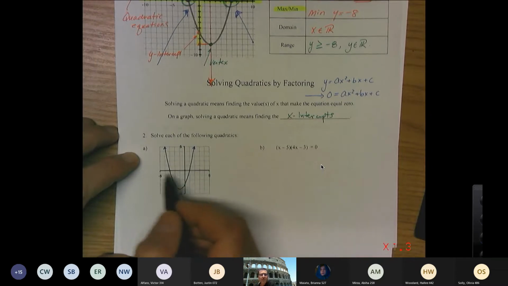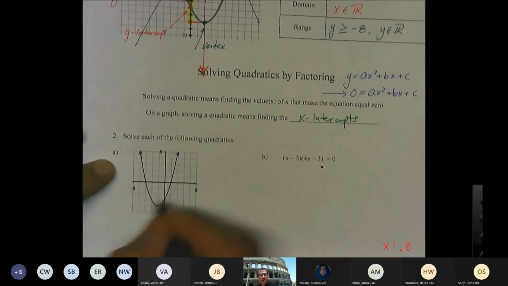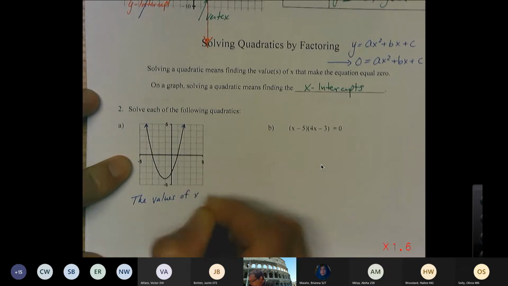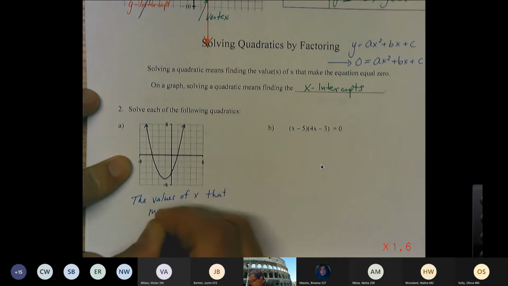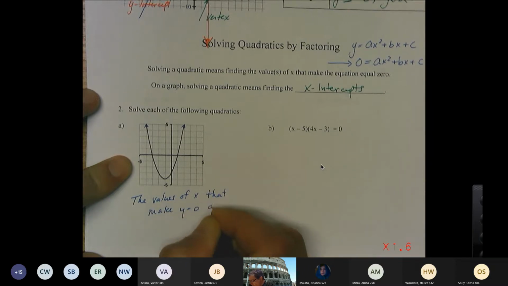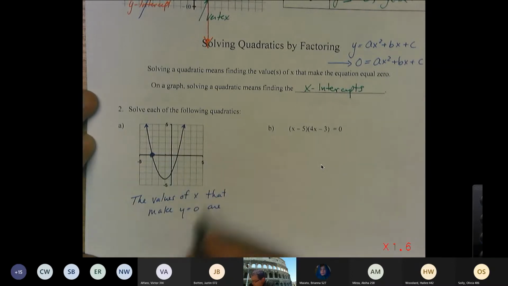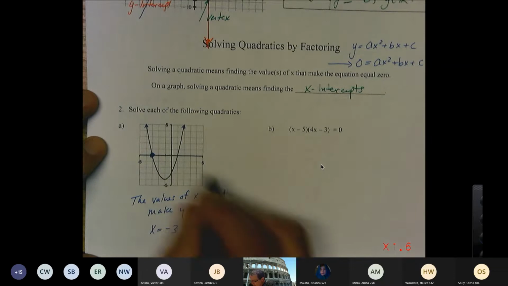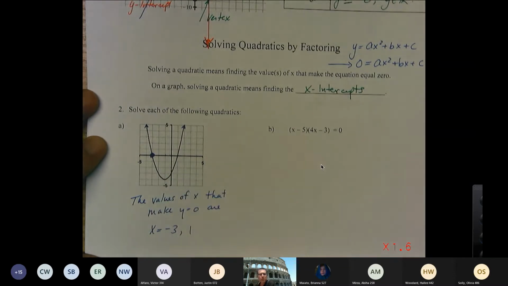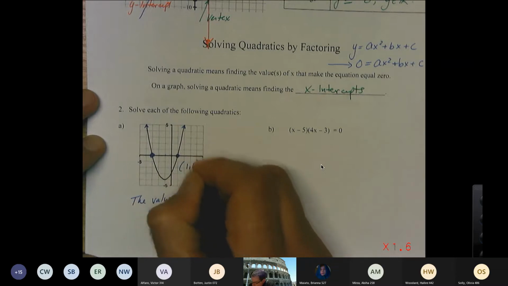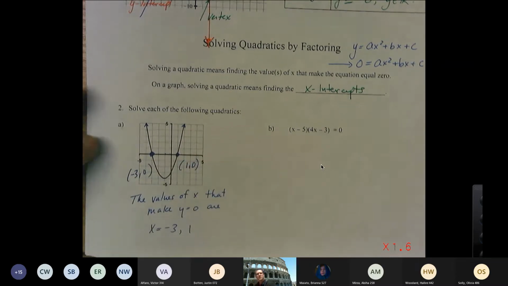And if I have a graph, then I can just read it. So the values of x that make y equal 0 are, here's one of them, -3. And here's another one, x equals 1. Those are the values that make y equal to 0.